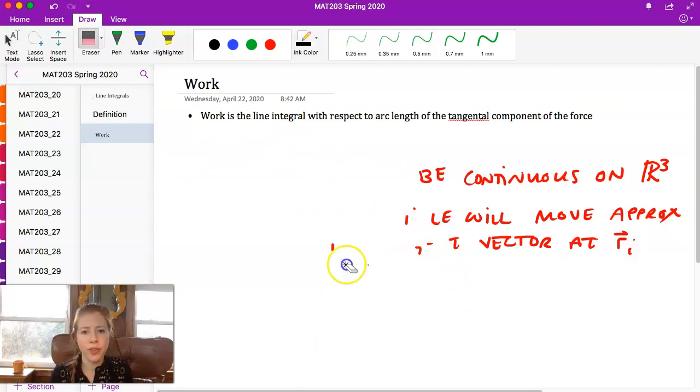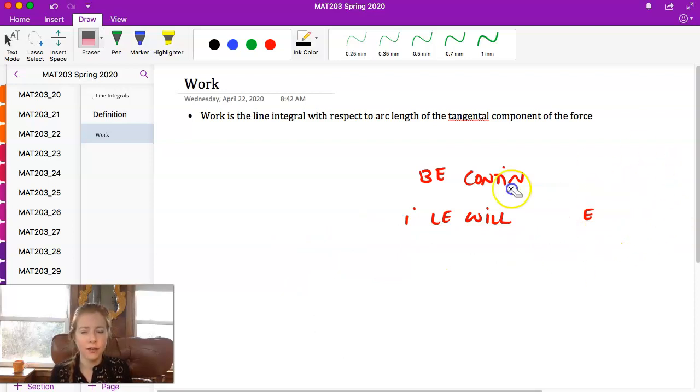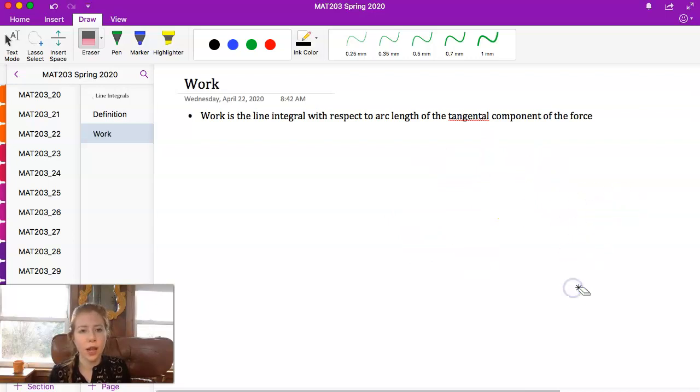And this is something that you're hopefully familiar with in physics. Just think about work as being force times displacement. So now let's look at the formal definition of work.